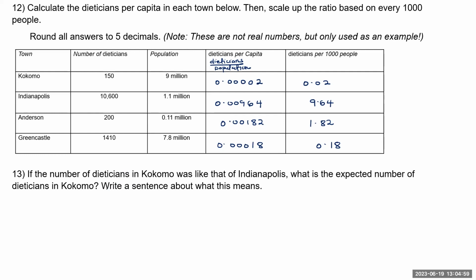If the number of dietitians in Kokomo were like that of Indianapolis, what is the expected number of dietitians in Kokomo? Write a sentence about what this means. So we're setting up equal proportions here to determine the expected number of dietitians in Kokomo. So we can take the number of dietitians in Indianapolis and divide that by the population.